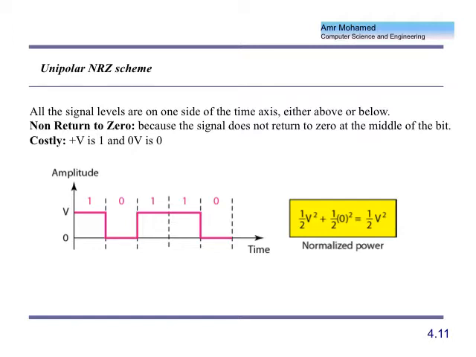So the baseline will start to increase gradually. Okay? So it will go high, and then if I have consecutive zeros, it will start going low gradually and steadily. So I have baseline wandering, I have DC components, and also I have no self-synchronization.